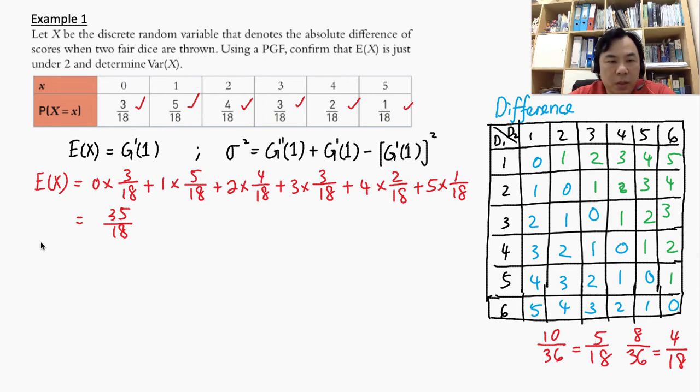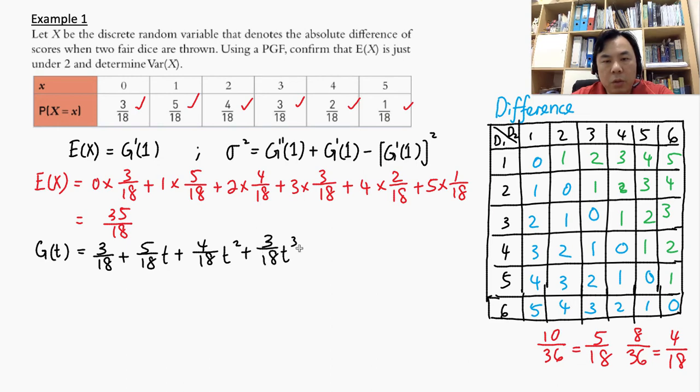I'm going to write down G(t) here. As usual, there is 3 over 18, 5 over 18 t, 4 over 18 t squared, 3 over 18 t cubed, 2 over 18 t to the 4, and lastly we have this. That will be our probability generating function.